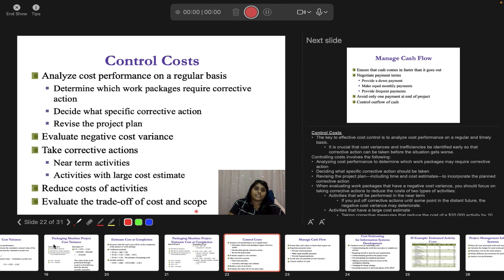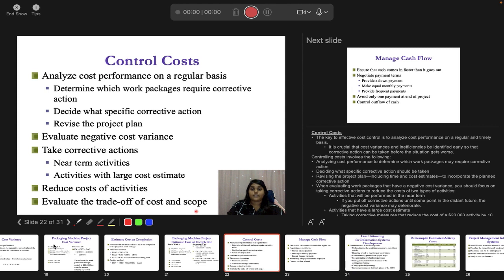Near term activities, activity with large cost estimate. If you have a certain activity with a large cost estimate, then this will help you to reduce that particular cost. You can break it down in terms of the duration first, and then you reduce by the cost that is going to be incurred. It is going to reduce cost of activities, because when you have figured out that in this duration we can cut down the time, we need to do it in 5 weeks instead of 6 weeks or 7 weeks, right?